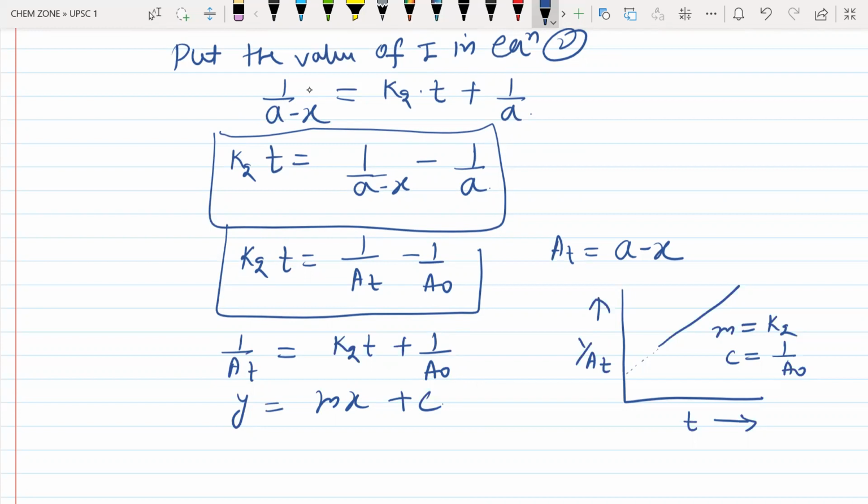So we prove here the value of rate constant when two different reactants have the same concentration. I think you are getting my point, what I'm trying to say here.